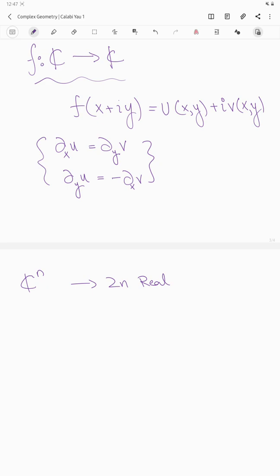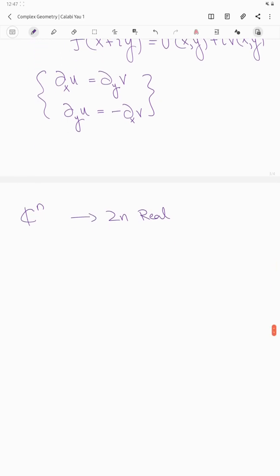Okay, so first of all, clearly this is not going to work for real odd dimensions, because this thing forces us to have even dimensions, this factor of 2 here.